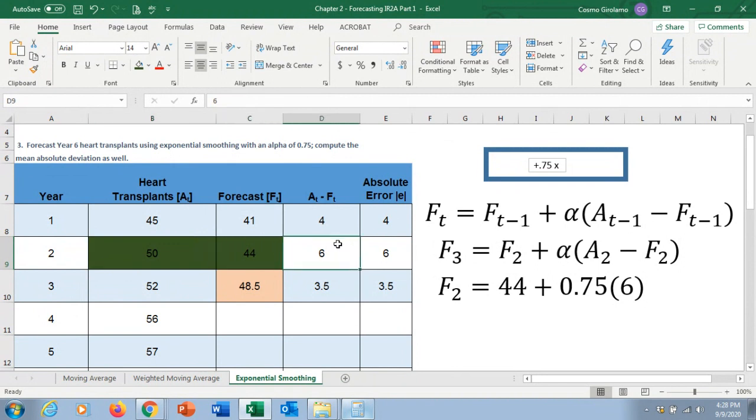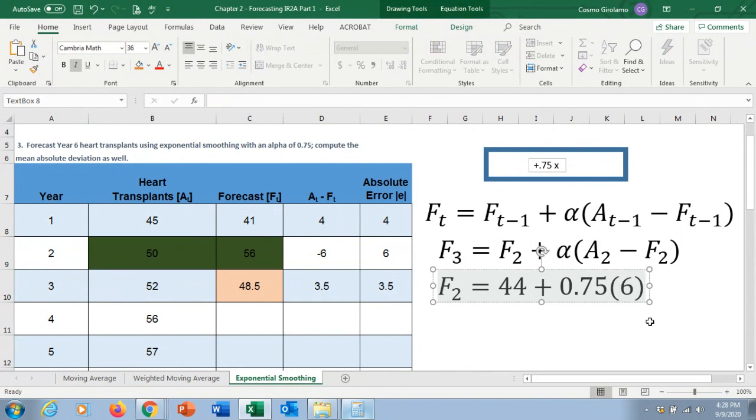Well, if it was a negative sign, I'd correct down. So if I was too high, if this was 56, for example, and this would have been a negative 6, this would have been minus 6.